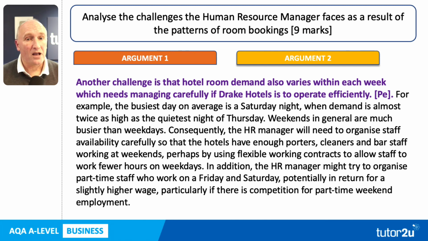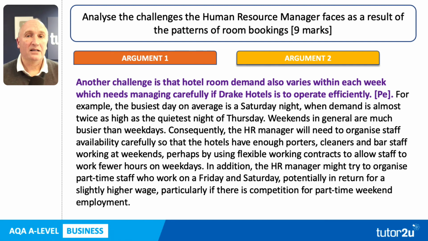For example, the busiest day on average is a Saturday night, when demand is almost twice as high as the quietest night of Thursday. So using the data, weekends in general are much busier than weekdays. Consequently, the HR manager will need to organize staff availability carefully so that the hotels have enough porters, cleaners, and bar staff working at weekends, perhaps by using flexible working contracts to allow staff to work fewer hours on weekdays.